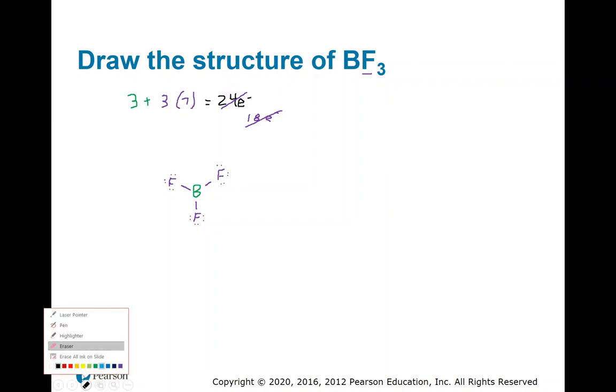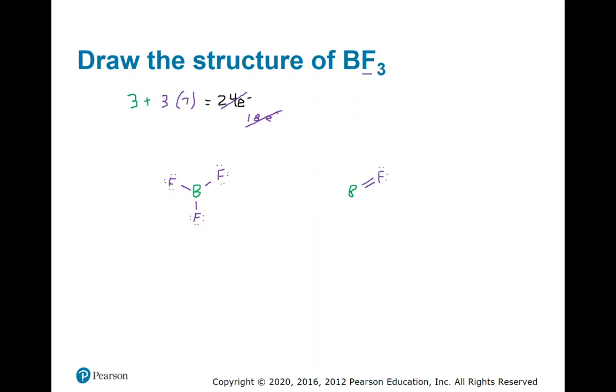if this was maybe some other compound that didn't have boron in the middle, you might think we need to take a lone pair from one of our fluorines, let's say the one in the upper right there, and turn it into a double bond like this.